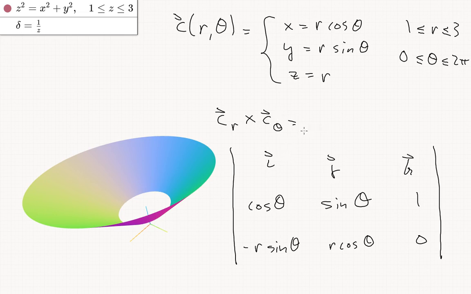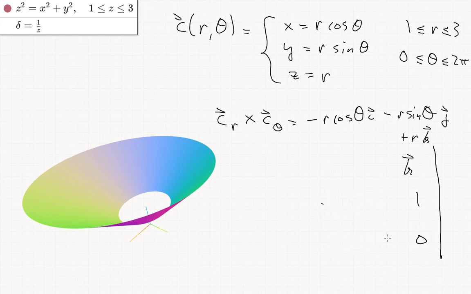So that'll be, let's see, so for i we have negative r cos theta i. For j, so it's negative, but then we have two negatives. Okay, so minus r sine theta j. And then for k, we've got cos squared plus sine squared, plus r k.